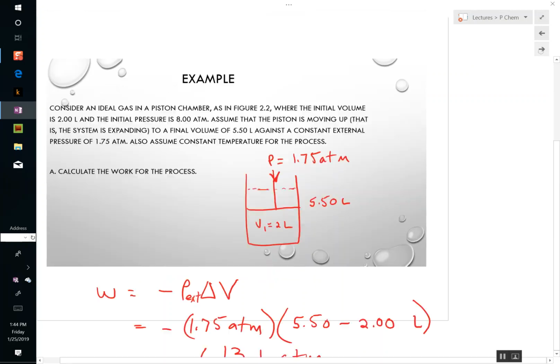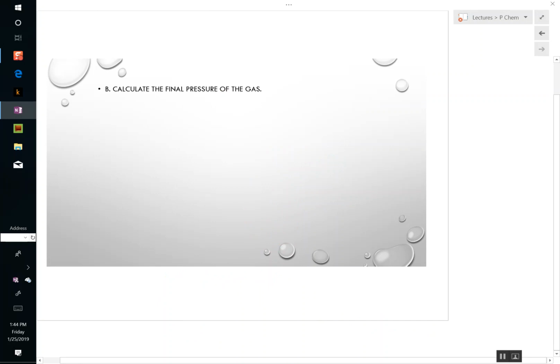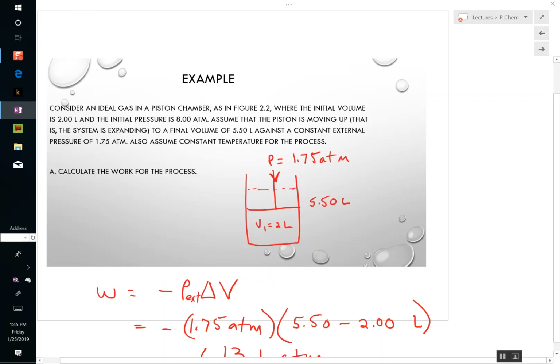Okay, and now calculate the final pressure of the gas. It'd be nice to have this whole question right before us again. Okay, here's our initial pressure, here's our initial volume, here is our final volume.